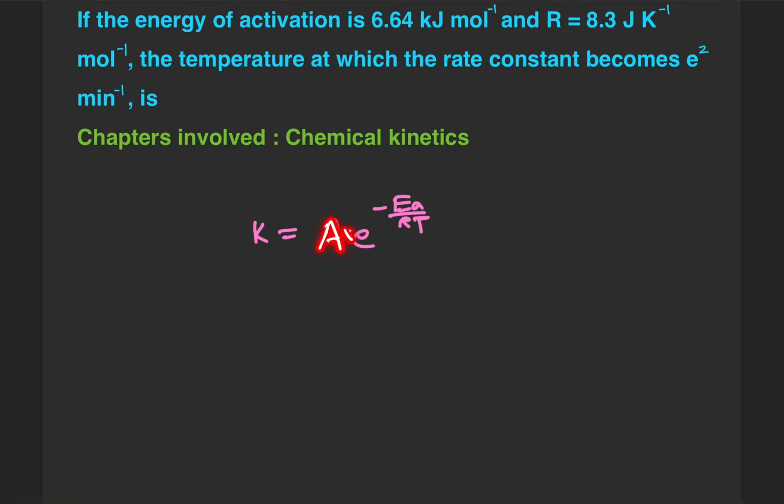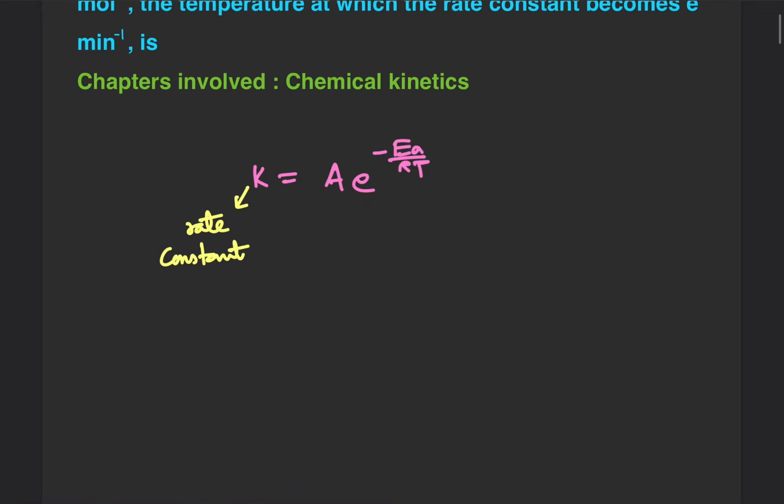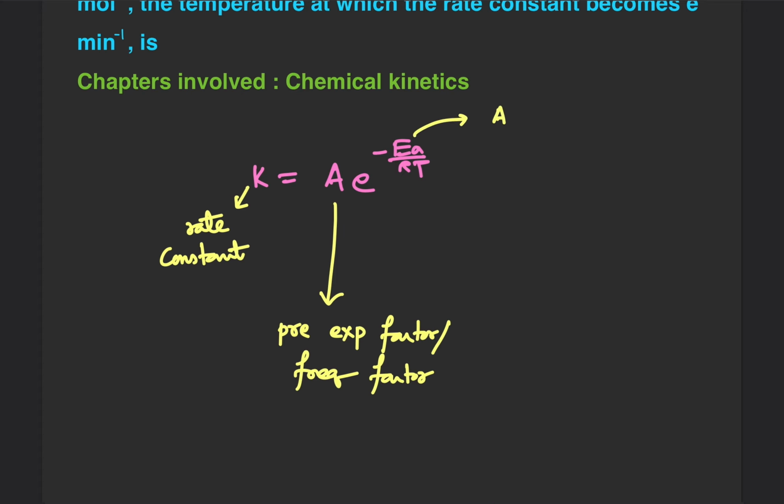So it is A into e to the power minus EA by RT, where k is our rate constant, A is our pre-exponential factor, also known as frequency factor, EA is the activation energy, R is the gas constant, and T is the temperature. Let's say this is equation 1.